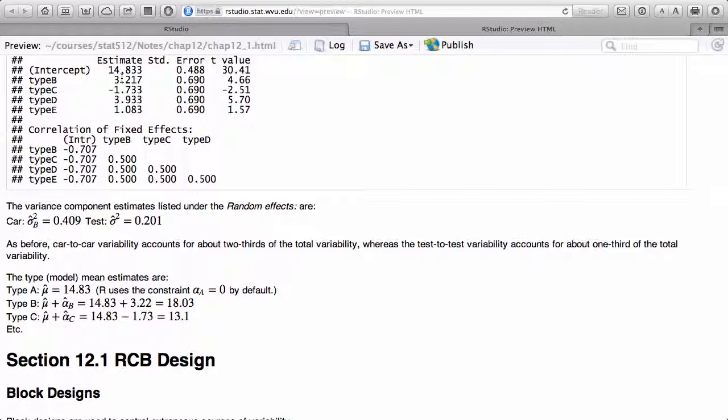And so based upon that assumption, type A will simply be the 14.83, which is the intercept. Type B will be that intercept plus the alpha effect, which is the 3.217, and so that mean is 18.03, and so forth. So the mu plus the alphas will give you the B, C, and so forth, and the mu will give the A. Now, of course, you would have computed that differently had you used the sum of the alphas equals 0, which we could have done.